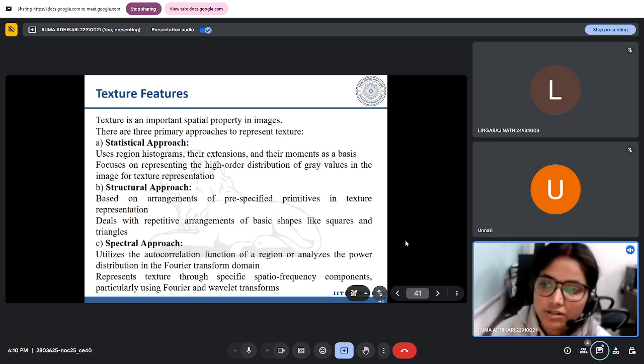It focuses on representing the high order distribution of gray values in the image for texture representation. We will not be covering the structural approach here. Spectral approach is important in optical remote sensing. We are not dealing with spectral curves or spectral reflectance in SAR.